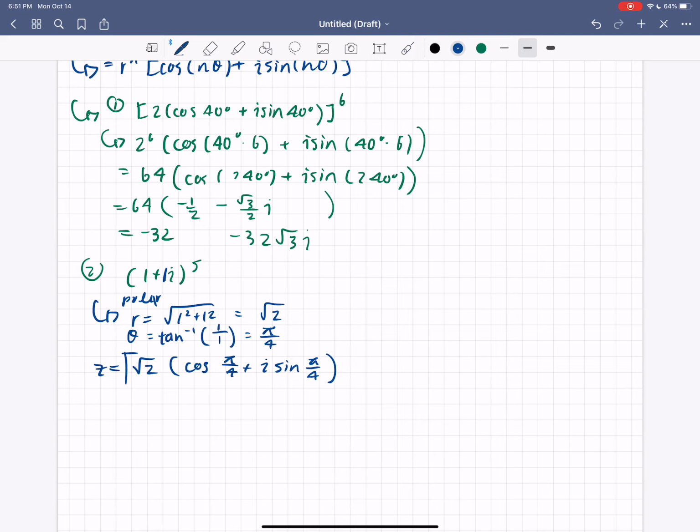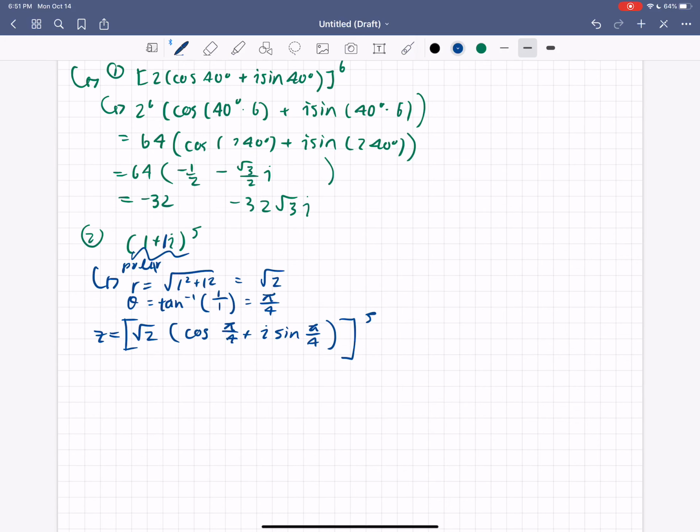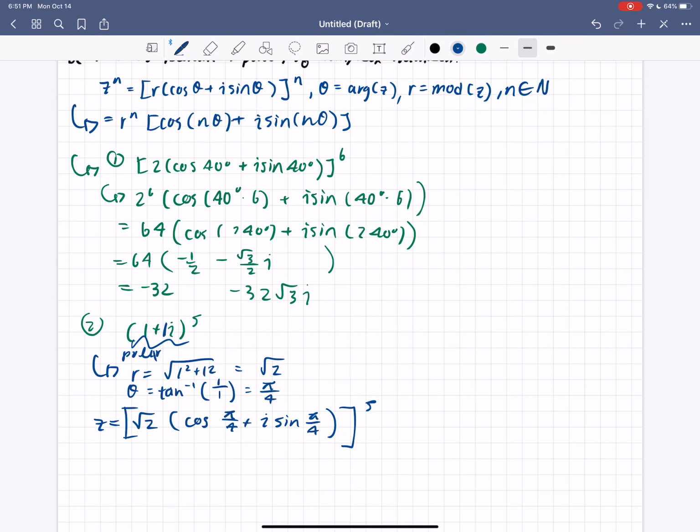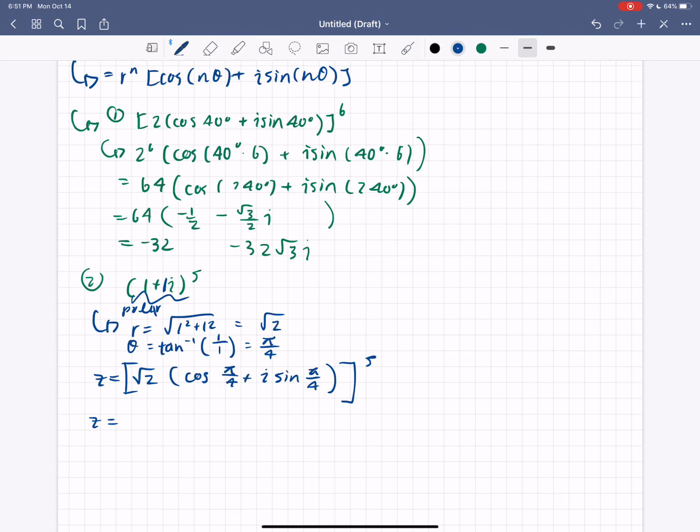And we raise this entire expression to the 5th power because we've equated it to our standard form variation. So if we do this, now we can use de Moivre's theorem. So z is equal to 2 raised to the half power, to the 5. And then we multiply that by cosine pi over 4 times 5 plus i sine pi over 4 times 5.